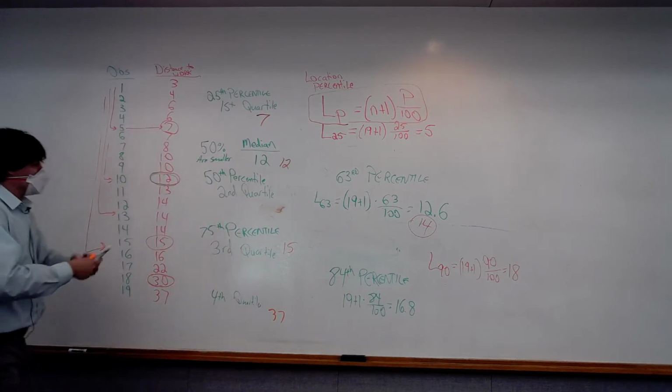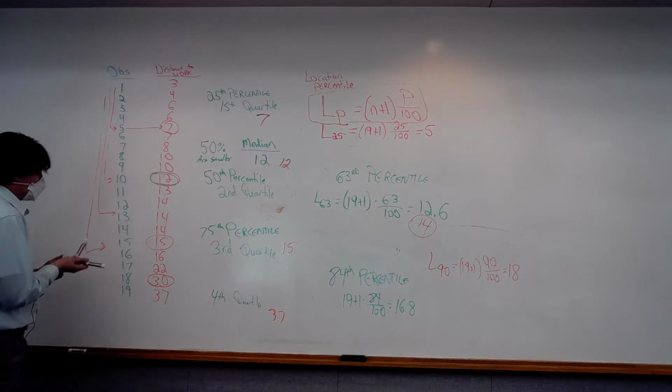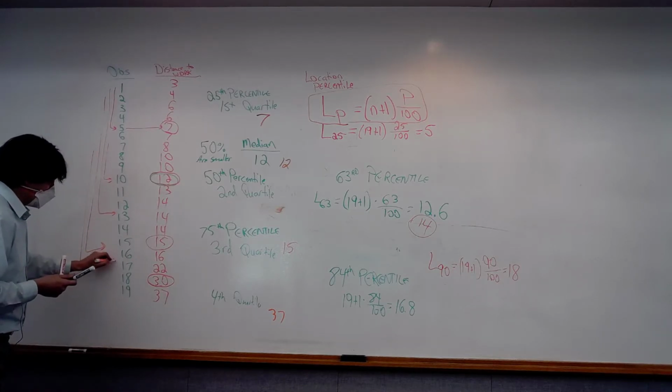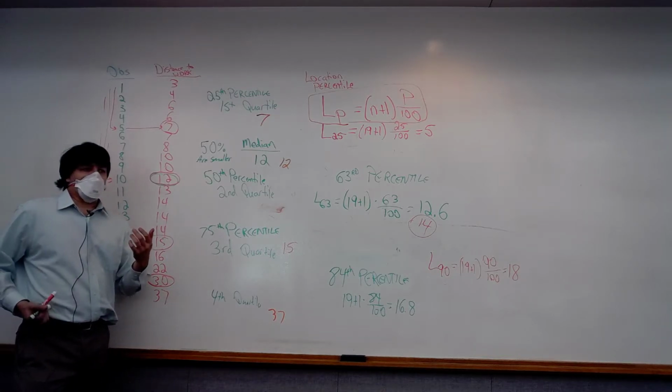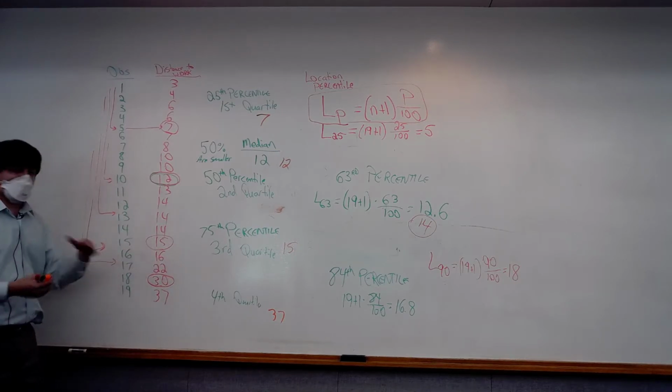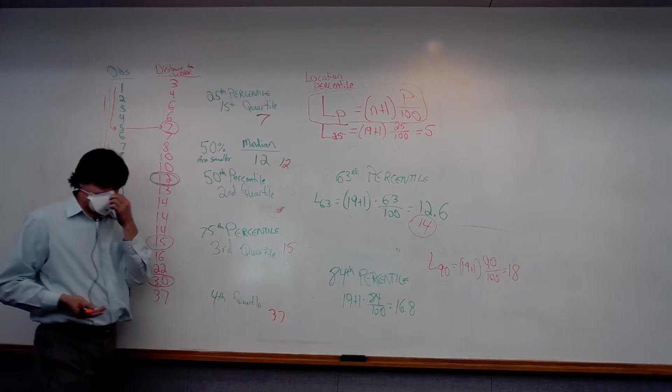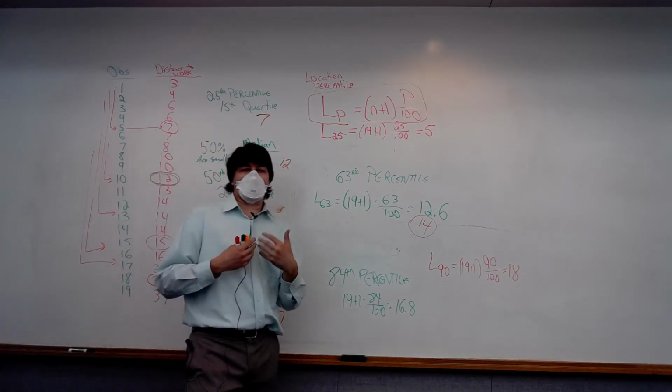Okay? We go down to 16, and it's somewhere between 16 and 17, right? Now, if we treated it like median, we would just split it in half. But there's a little more technical way to do this.